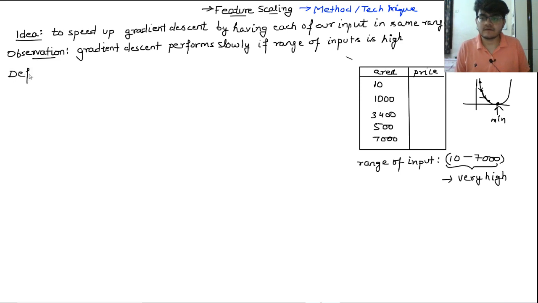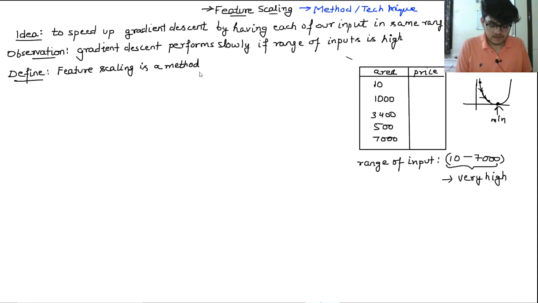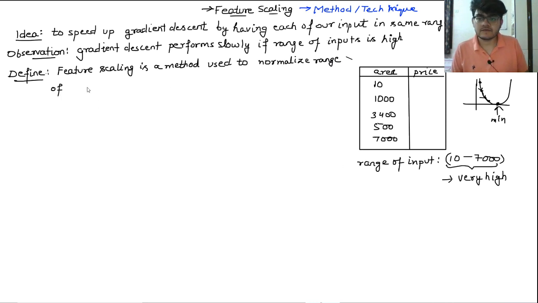So now let me try to define what is feature scaling. Feature scaling is a method used to normalize the range of the inputs, and instead of inputs I'm going to be more specific by writing independent variables.